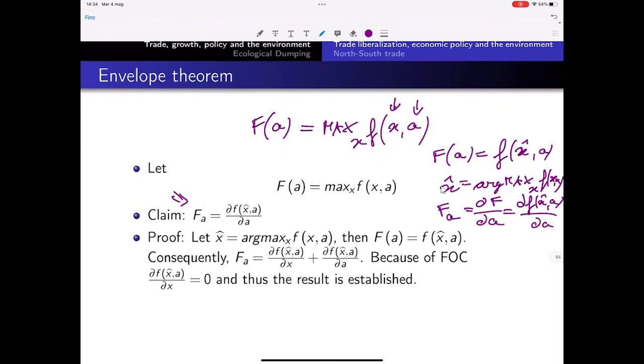If you take the derivative of capital F with respect to a, you have the indirect effect, that is how a changes x, and then how x changes my function, plus the direct effect, f_a.